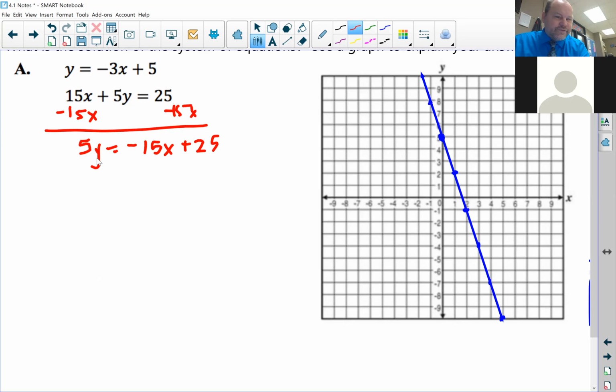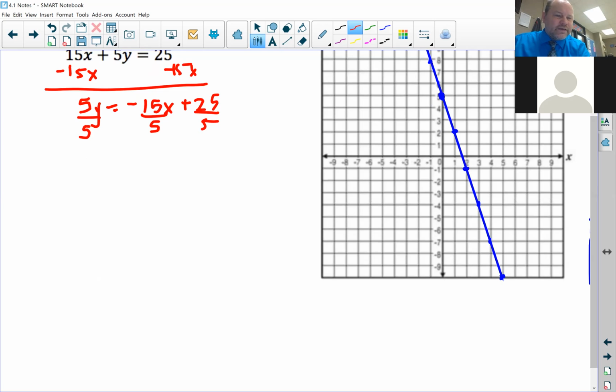Then I need to divide both sides by 5. And so I'm dividing everything by 5 to get y equals negative 15 divided by 5 is negative 3, 25 divided by 5 is 5.